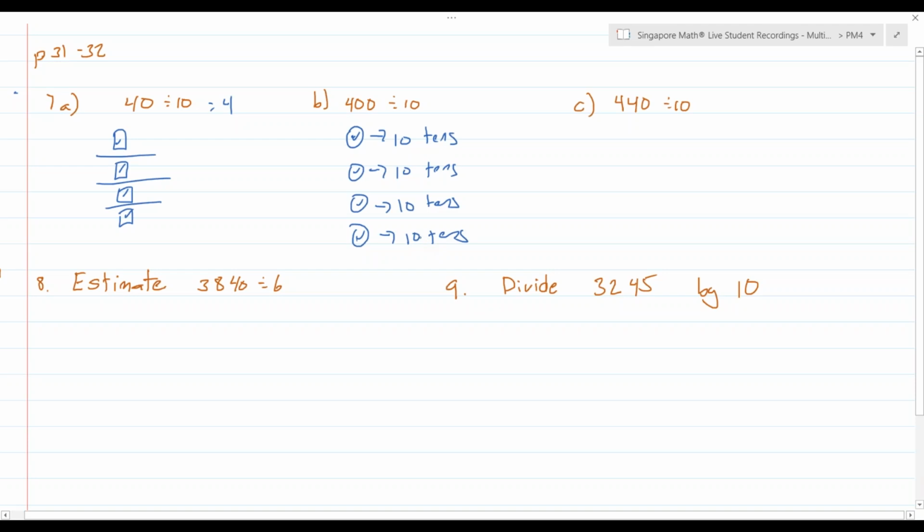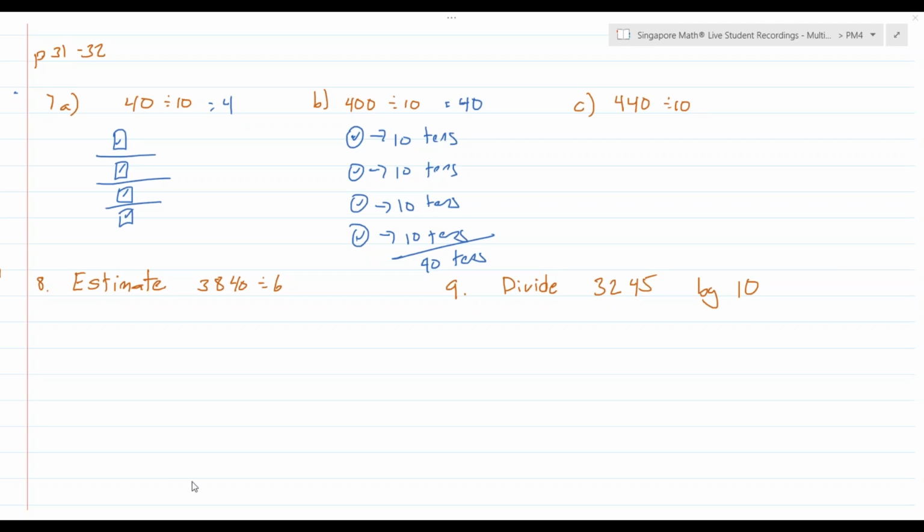So 400 divided into tens altogether is 40 tens. If you have 400 and you say how many tens is that divided into groups of 10, you'll find that there are 40 groups.